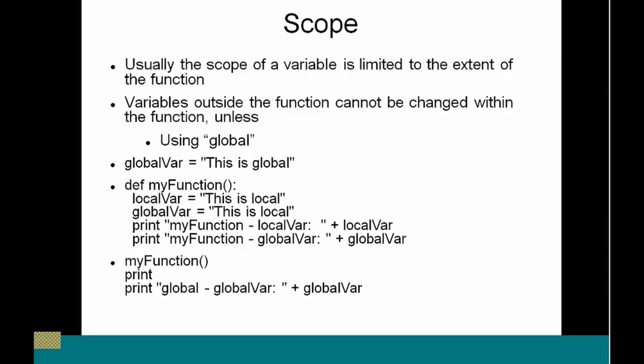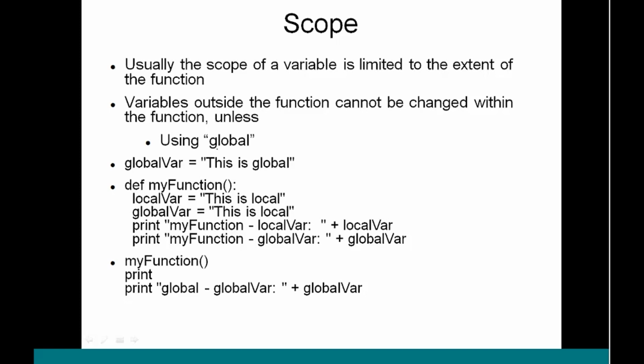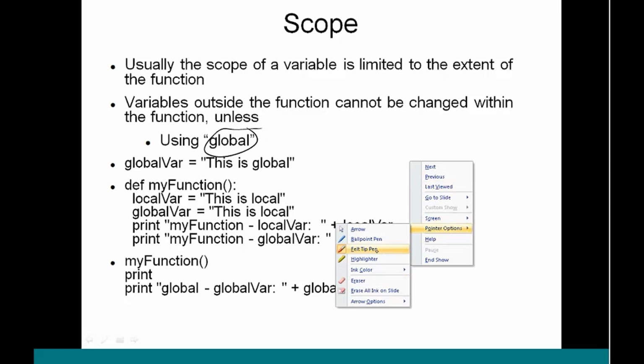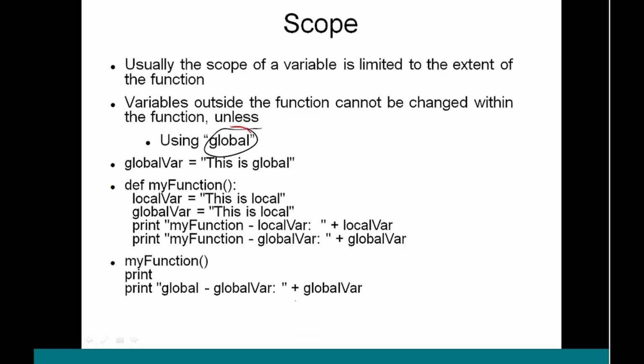And if you want to have a variable defined outside and then use it within the function, you need to declare it with the global keyword, which is shown here. So it's the global keyword.